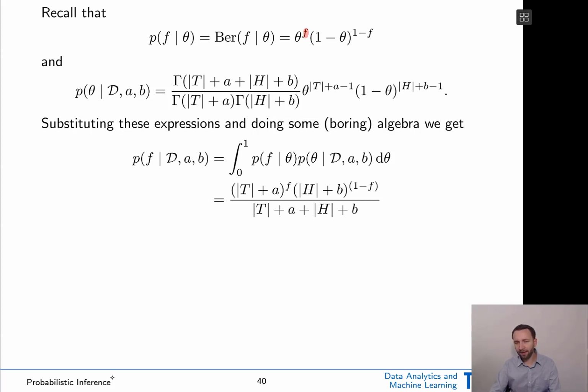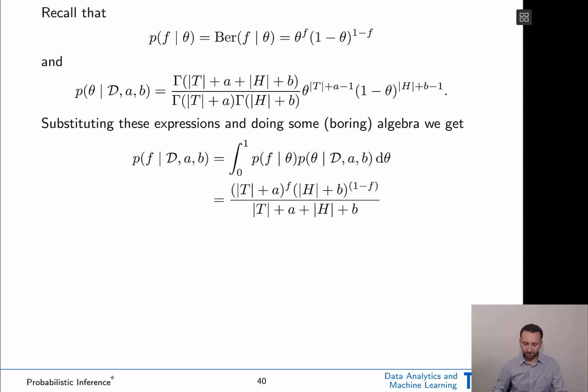If this is 1, meaning tail, this term kicks in. If this is 0, meaning head, this term becomes 1 and the other term kicks in, because to the power of 0 disappears and to the power of 1 stays. So this is one nice way of writing down a Bernoulli distribution, and you will potentially encounter it later on. Think about it in a bit more detail: these exponents and the 0, 1 indicator view help you write these distributions in a very compact form.